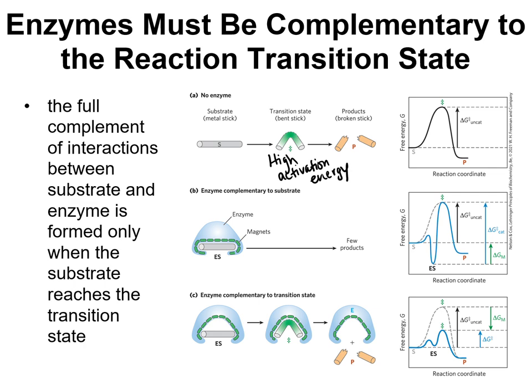Now let's propose that we have an enzyme that's complementary to the substrate. It's going to bind that metal stick really, really well, but it's not going to want to break it. It's not going to want to make any new interactions because it's already fully complementary to the substrate. This is a very stable complex.